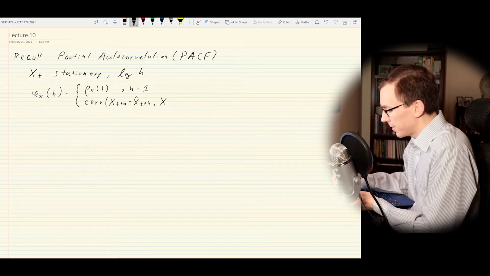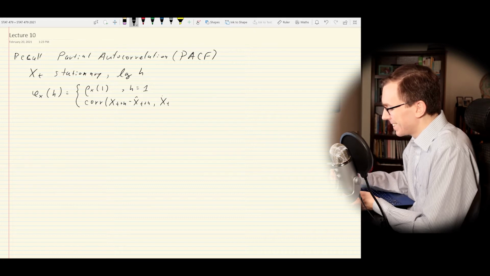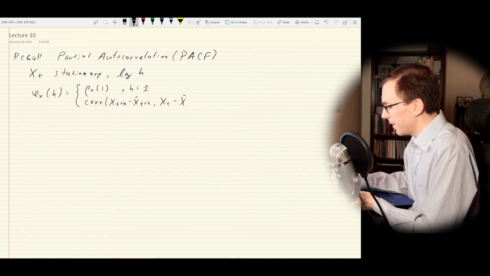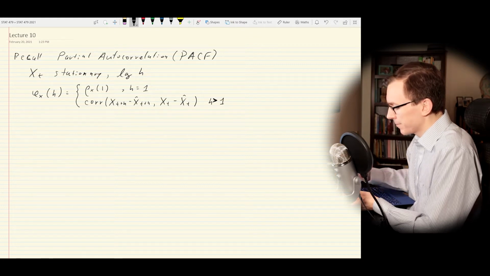The partial autocorrelation is going to look like the correlation between the difference of the time points of interest, X_{t+h} and X_t, with their estimated values based on the intermediate data points. This is for h greater than 1.